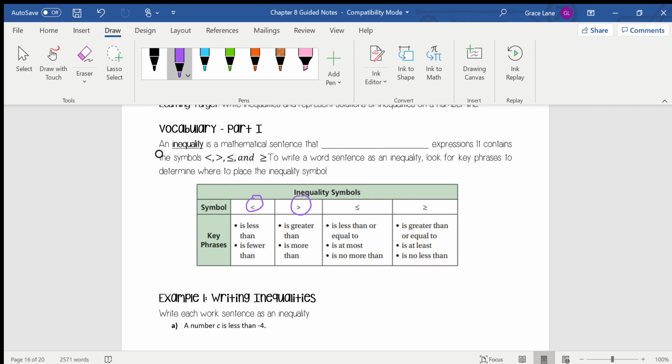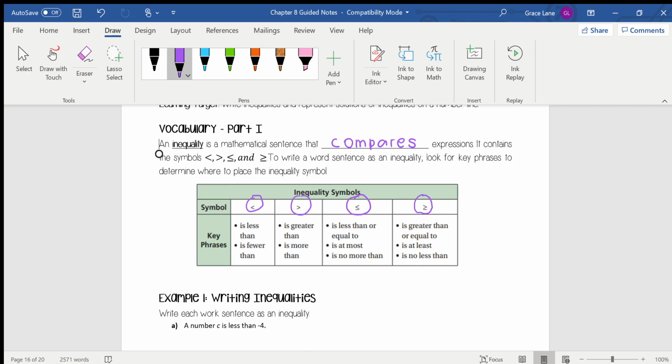So this is less than or equal to, and this one is greater than or equal to. And so an inequality is a mathematical sentence that compares expressions. It contains the symbols less than or equal to, and greater than or equal to.